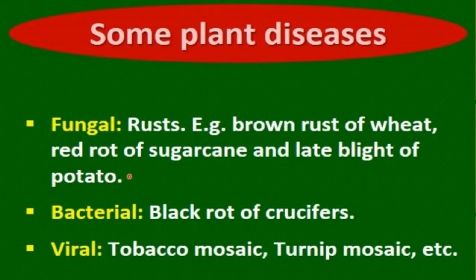All these are diseases caused by fungi. Now a bacterial disease example is black rot of crucifers, and a viral disease example is tobacco mosaic, that is a disease in tobacco caused by the tobacco mosaic virus, and also turnip mosaic, okay, caused by a virus. Okay, so these are some plant diseases.